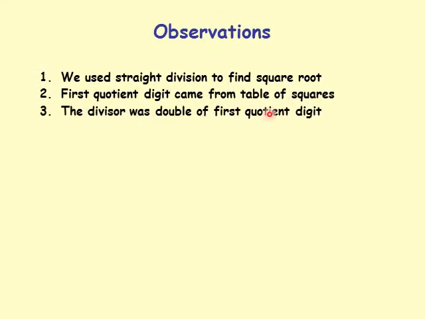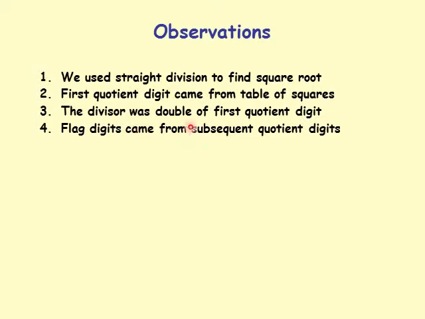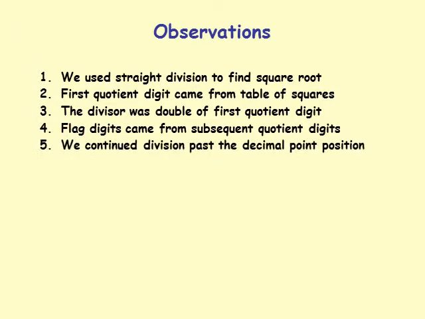The divisor was double the first quotient digit. Flags came from subsequent quotient digits. As we computed further quotient digits, the next square root digits of the answer also went on the flag.